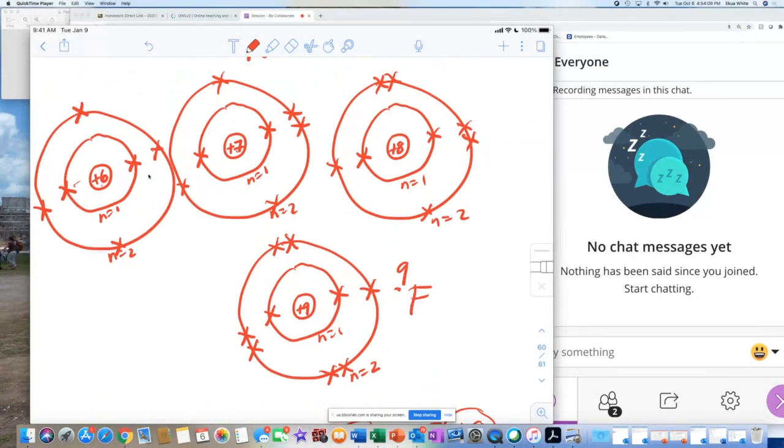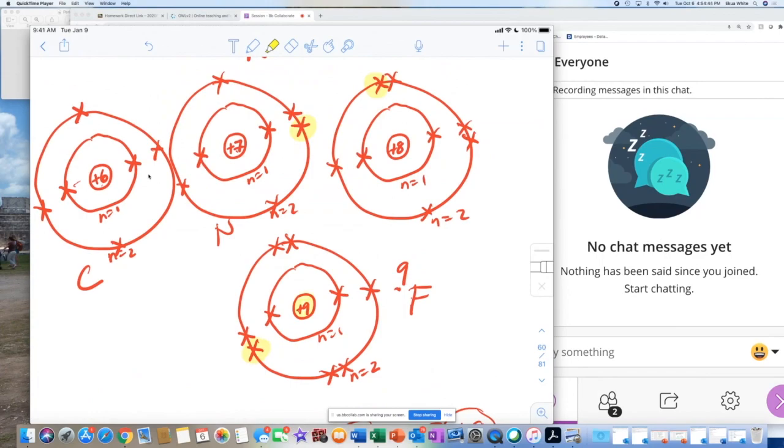From carbon to nitrogen, the new electron, which I'm going to highlight here, comes in on the same energy level. From nitrogen to oxygen, the new electron came in on the same energy level. From oxygen to fluorine, the new electron came in on the same energy level. Because the additional electron is coming on the same energy level, what explains the size here is actually the increasing nuclear charge.